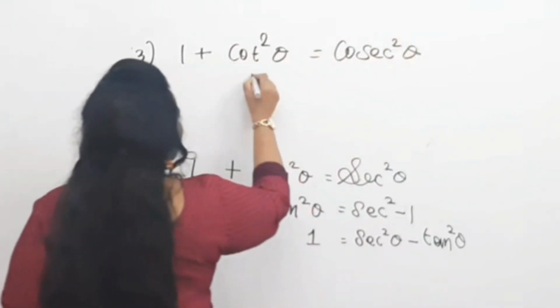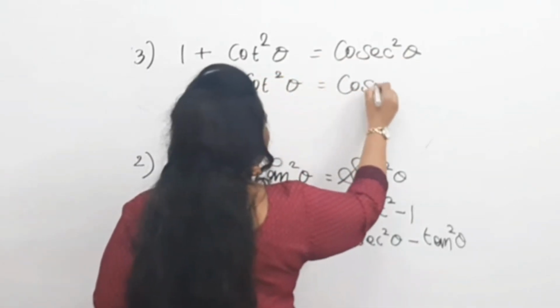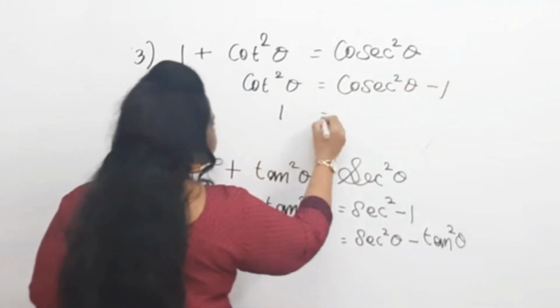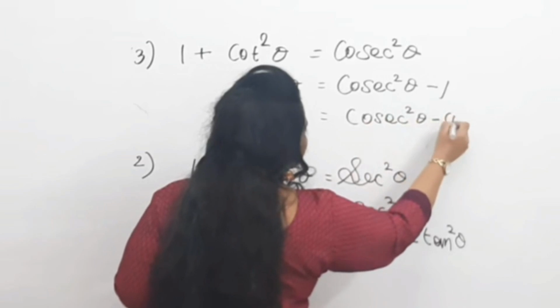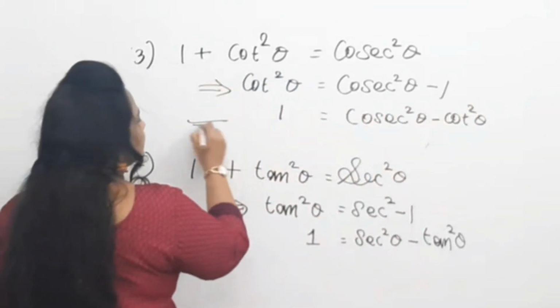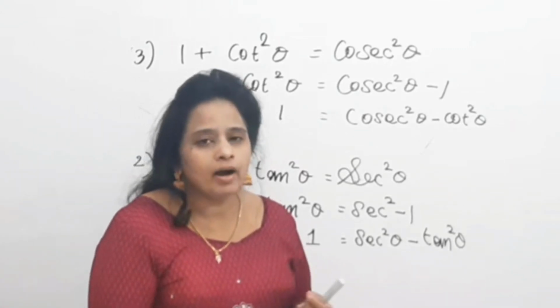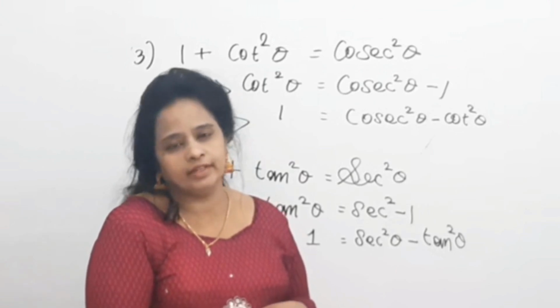So, I would have cot square theta is equal to cosec square theta minus 1. And then, I would have 1 is equal to cosec square theta minus cot square theta. So, these are all derived identities which would be very useful in proving the identities.